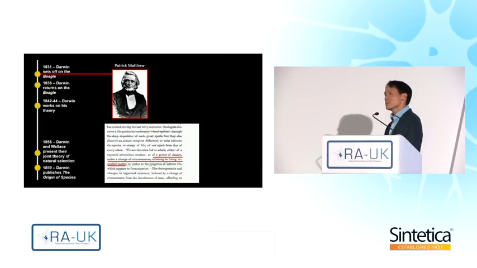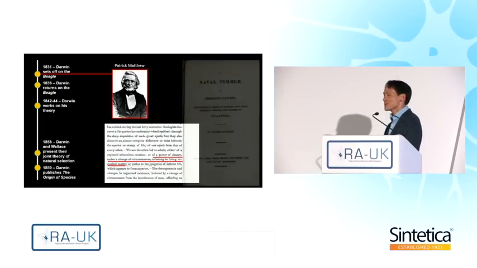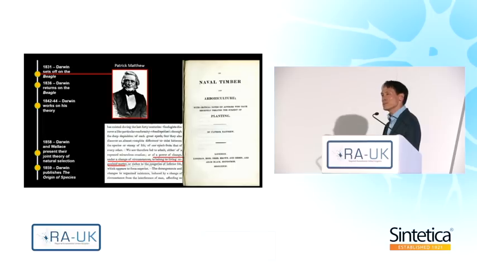Unfortunately, what he did was publish it in a very brief appendix to a book of all things on naval timber and arboriculture, which, as you can imagine, did not attract a very wide audience, and thus went unnoticed. And it was only after Charles Darwin put out his book that Patrick Matthew got upset and said, you stole my idea.